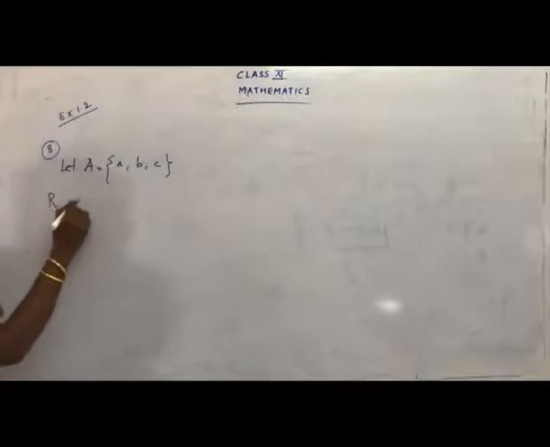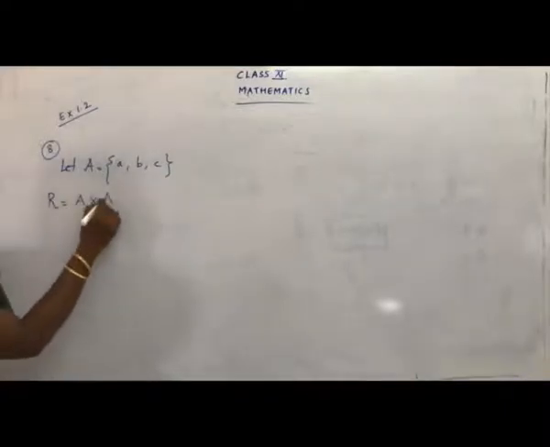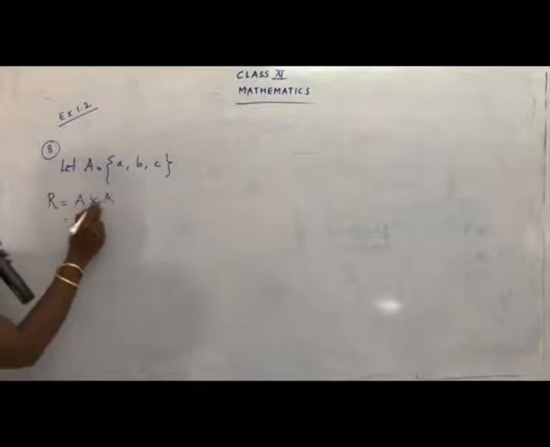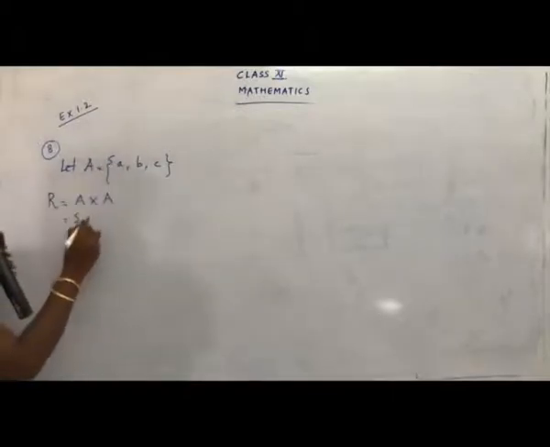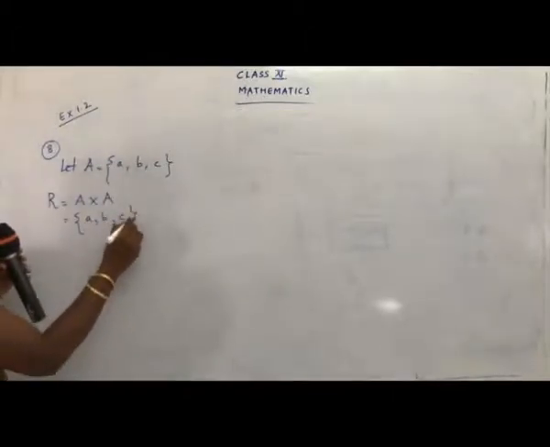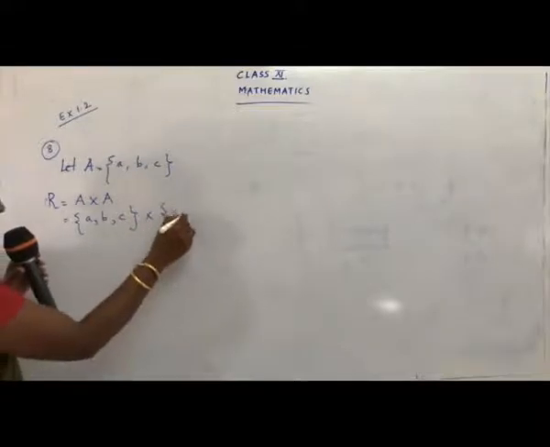See, you are going to find out the relation as A cross A. And you know how to find out the Cartesian product of A cross A that we have already studied in our lower classes, in class 10. This is A cross A, that is {A, B, C} cross {A, B, C}.